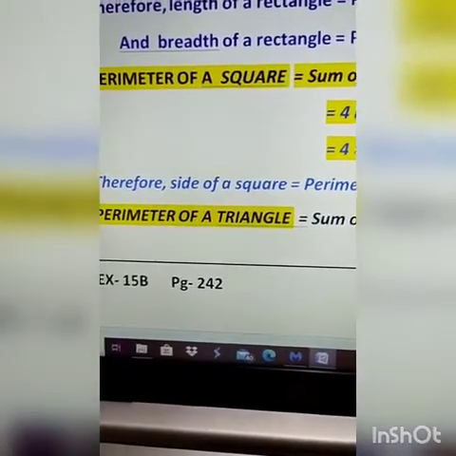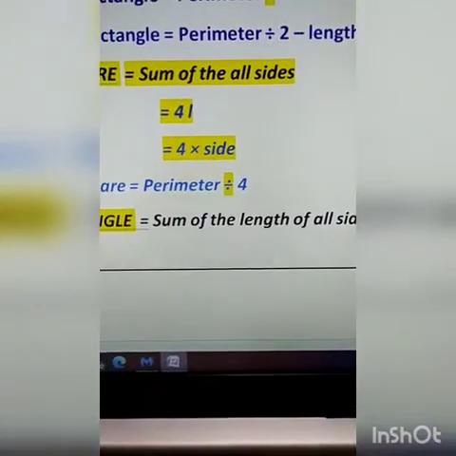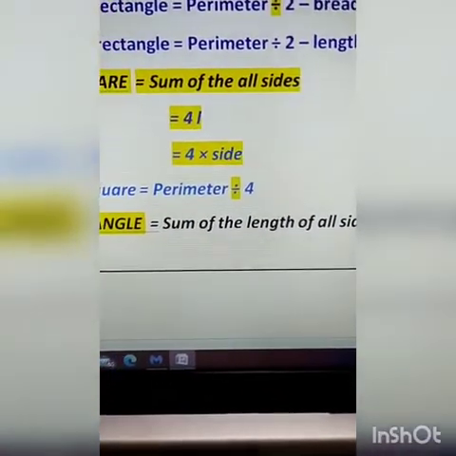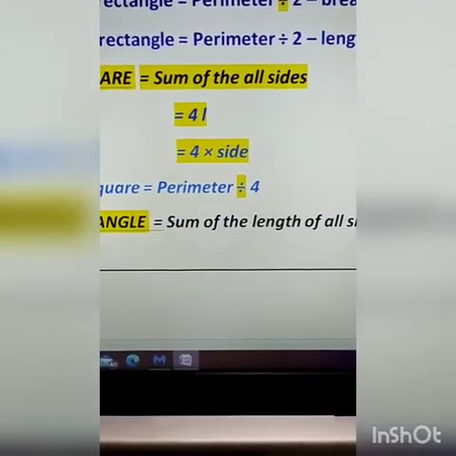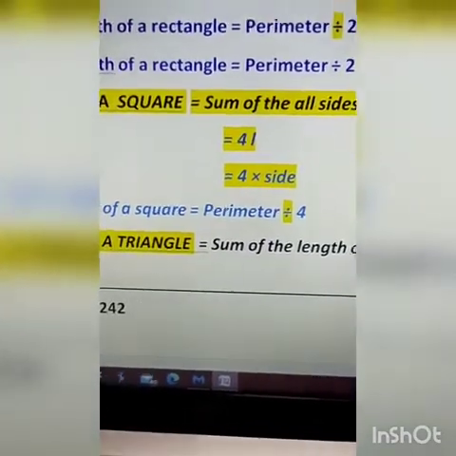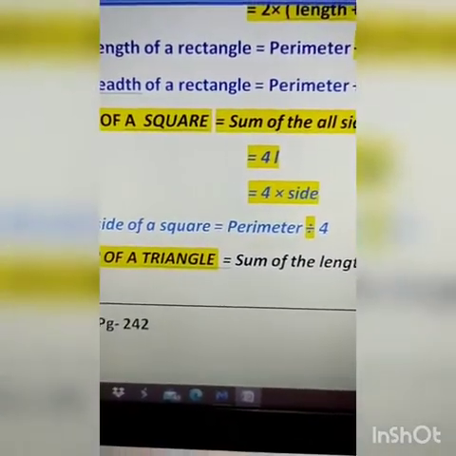Perimeter of a triangle is equal to sum of the length of all sides. These three formulas I already discussed last day. Now, today again we will come to that portion.